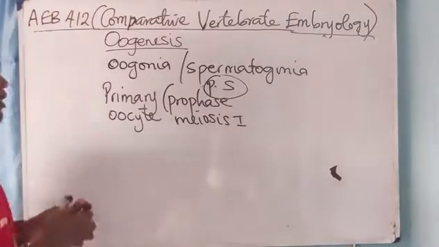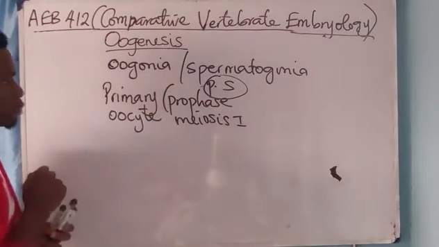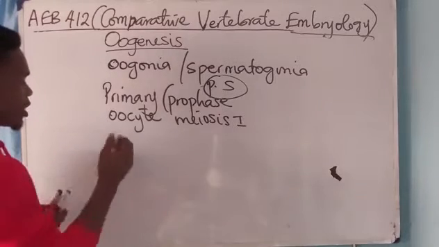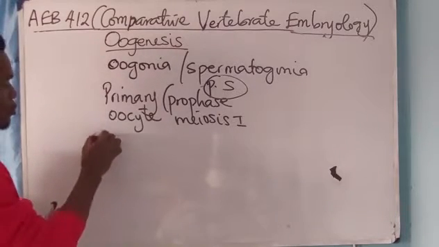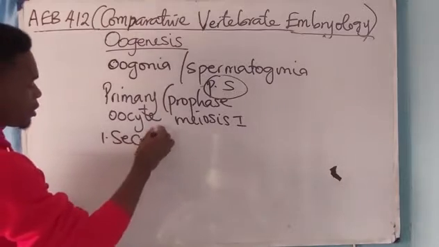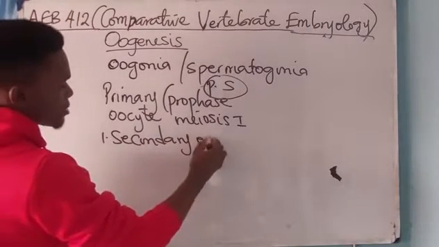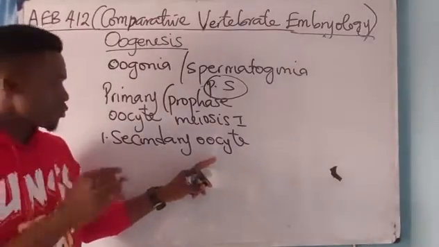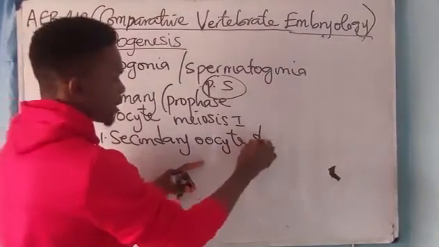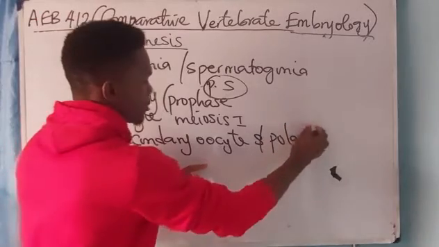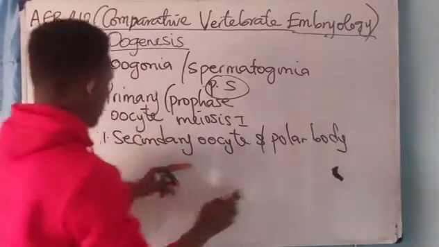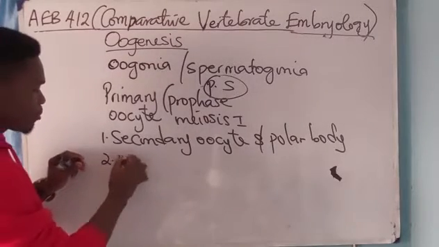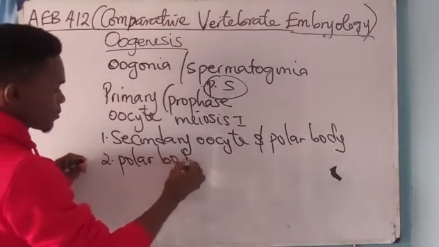Now, these primary oocytes produced will undergo two meiotic divisions. The first meiotic division produces a secondary oocyte and a polar body. Then the second meiotic division produces another polar body.